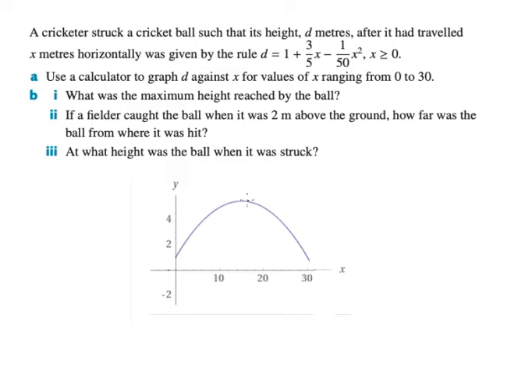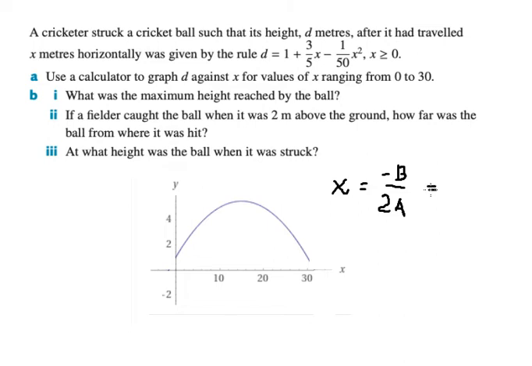So if we want the maximum height here, we have s equals negative b over 2a. This one is a, this one is b, this one is c.